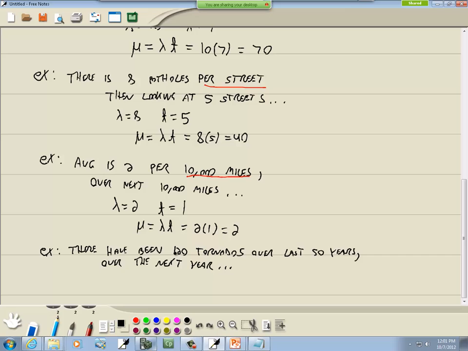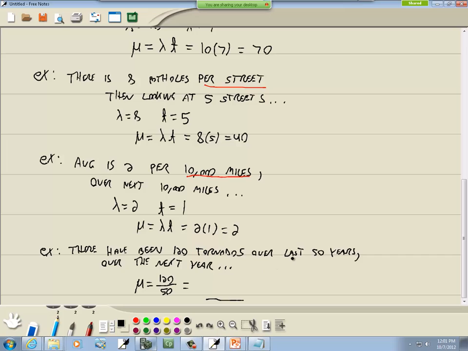Okay, now you don't want to take 120 times 50. I'd have to actually calculate this. Tornadoes per year means I'd do 120 over 50. And that actually would be our mu, because it's asking over the next year. So we take 120, divide by 50, and that'll give you your mean. So that one's a little bit different.